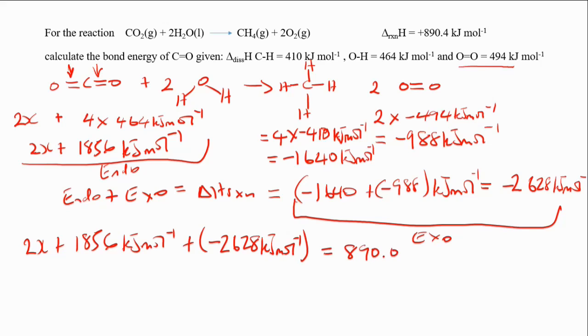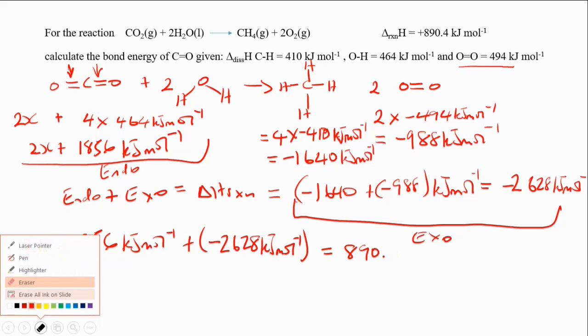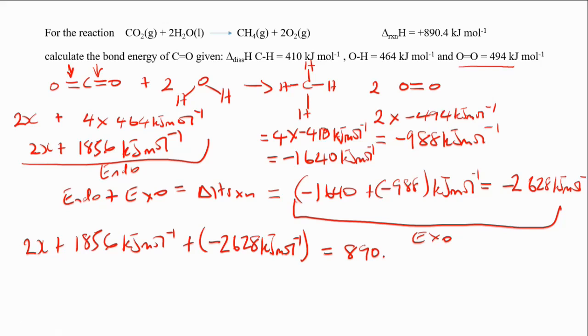It's 0.4. It's 0.4. We have to be careful. Let us not make such mistakes. So where is it? It's 0.4. Yes. Right, 0.4 kilojoules per mole.